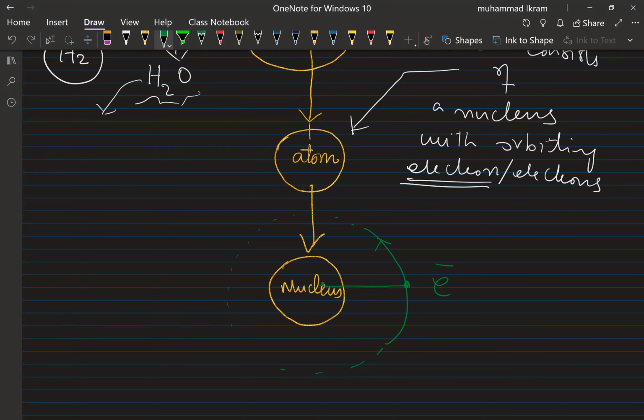As you see, nucleus is in fact what? This nucleus is the central, highly dense part of the matter. Later on I will be explaining density to you. It is the positive charge part of the matter.